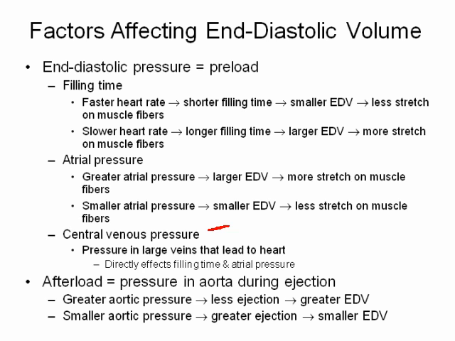This is the pressure in the large veins that lead to the heart, and it directly affects both filling time and atrial pressure. And then afterload is the pressure in the aorta during the ejection. So greater aortic pressure means less ejection and greater end-diastolic volume. Lower or smaller aortic pressure produces greater ejection and a smaller end-diastolic volume.